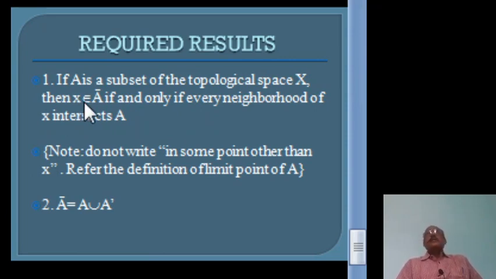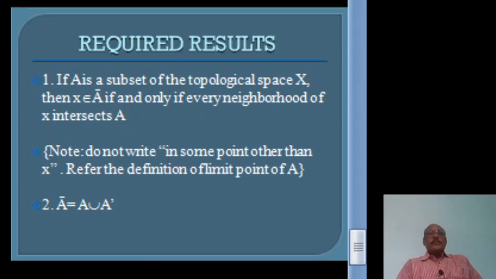There is a necessary and sufficient condition to verify this. x belongs to A bar if and only if every neighborhood of x intersects A. And note that to show that x belongs to A bar, it is enough to show that every neighborhood of x intersects A in some point. You need not find some point other than x. If it intersects the set A, that is enough.